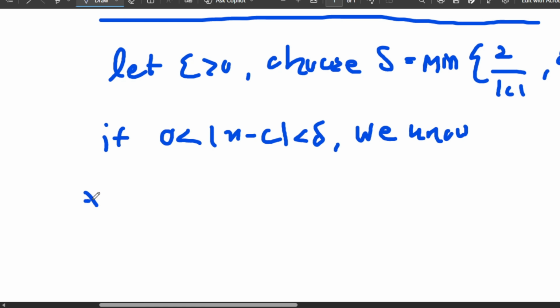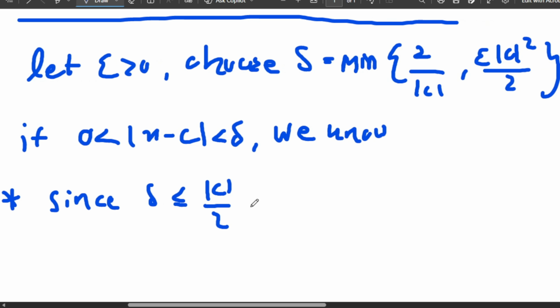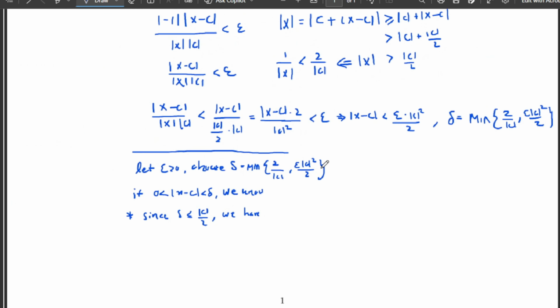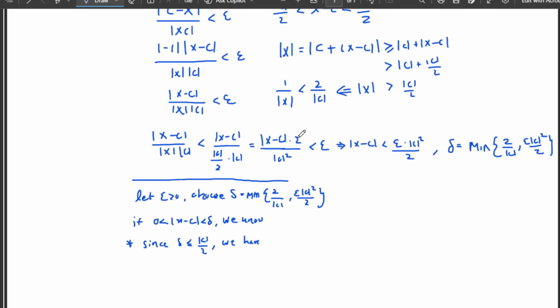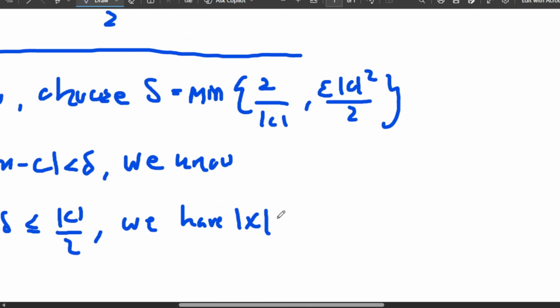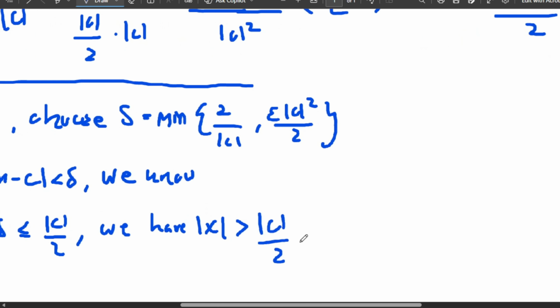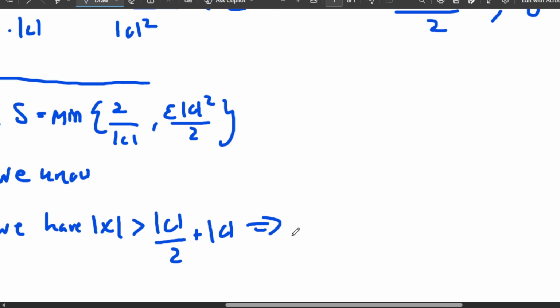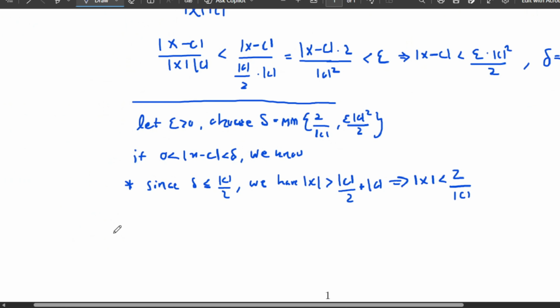First, since delta is less than or equal to |c| over 2, we have that |x| must be greater than |c| over 2, and that implies that 1 over |x| is less than 2 over |c|.